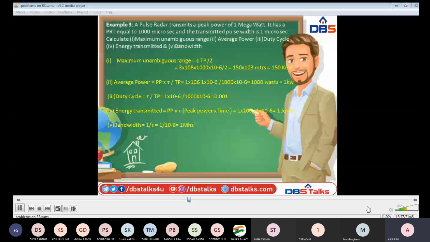Okay, next one, average power is equal to PP into tau by TP.